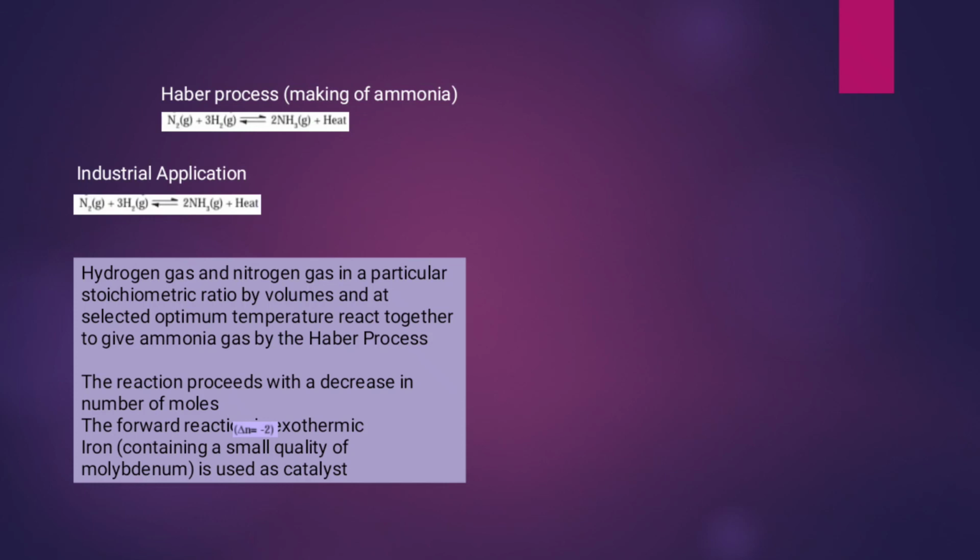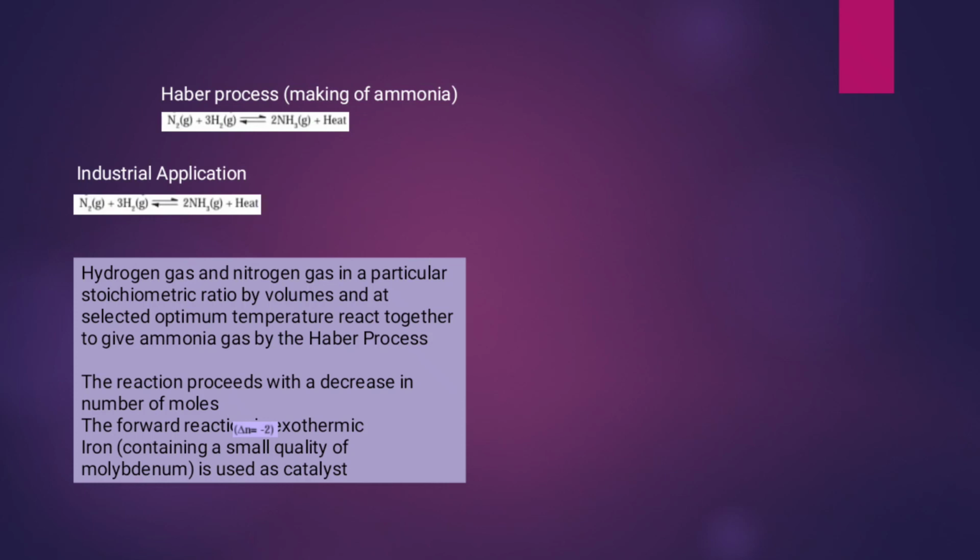The reaction proceeds with a decrease in number of moles, that is delta n is equal to -2. The forward reaction is exothermic. Iron containing a small quantity of molybdenum is used as a catalyst.